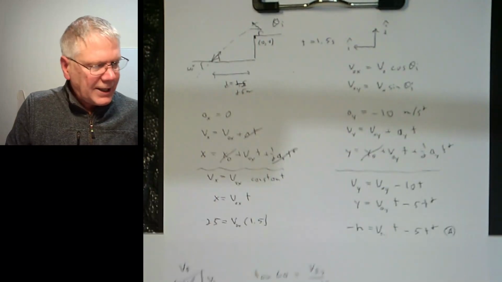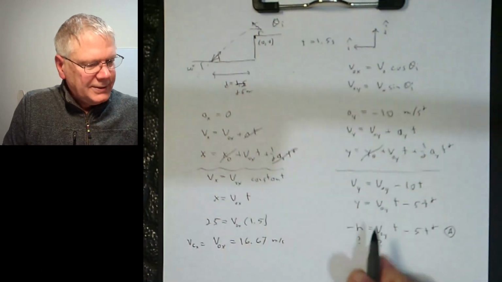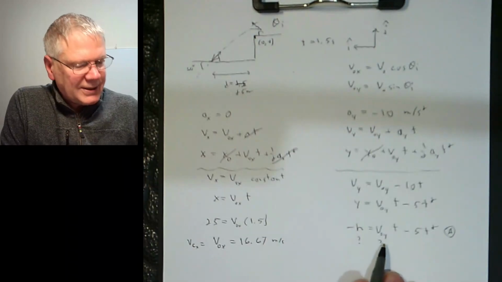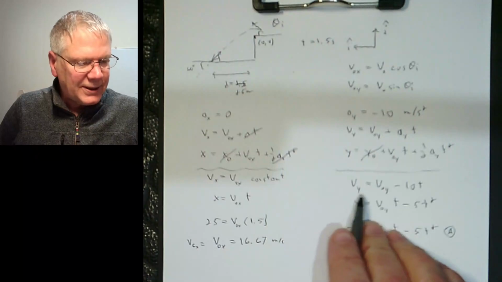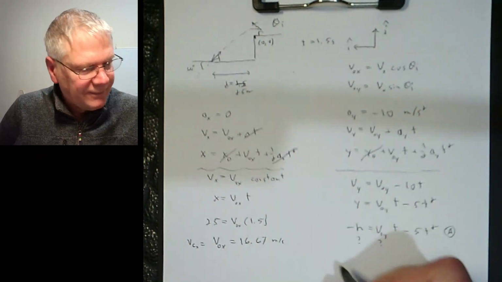Now let's go back. We still can't use this equation because I need my initial y velocity, but now I know the final y velocity, and I can find the initial one from this equation.